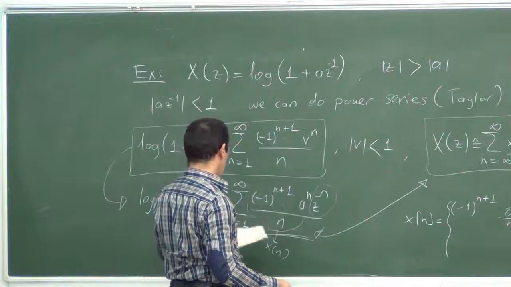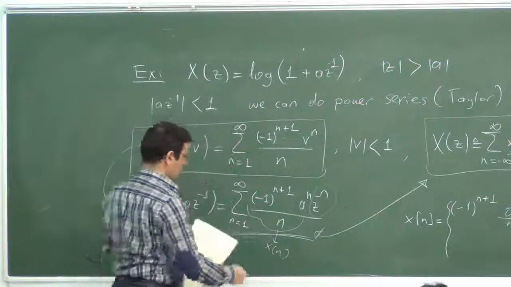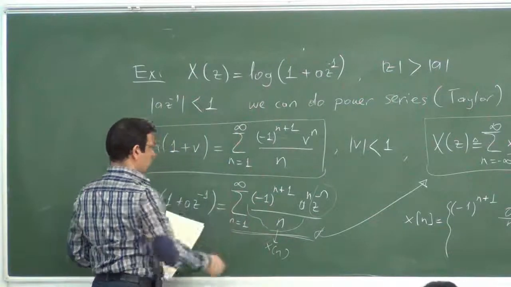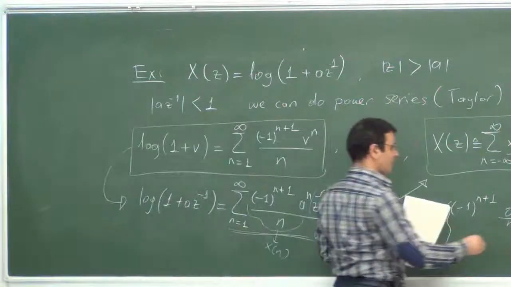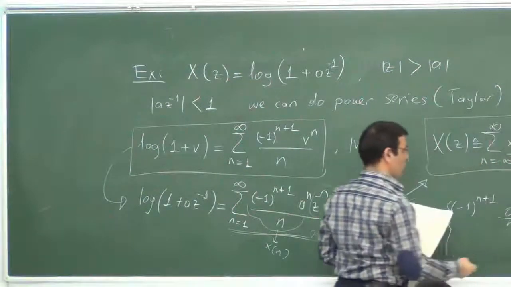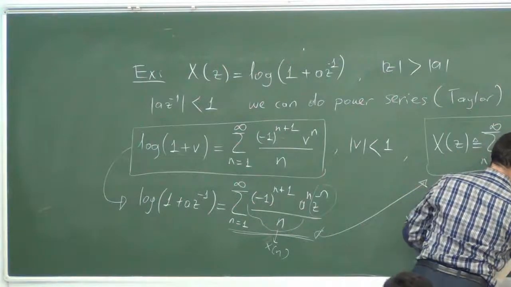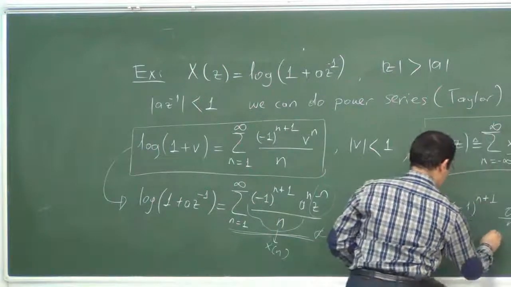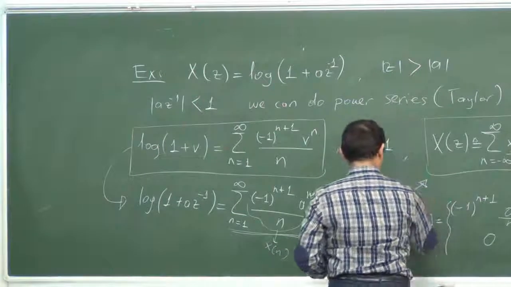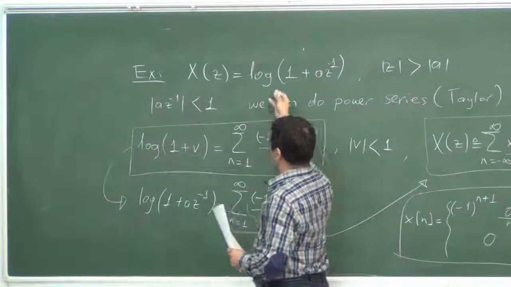Similarly, it starts from 1 and goes through infinity, so we write in here n is greater than or equal to 1. What about n less than or equal to 0? In this case it is 0. So now this is the inverse Z transform of this expression.